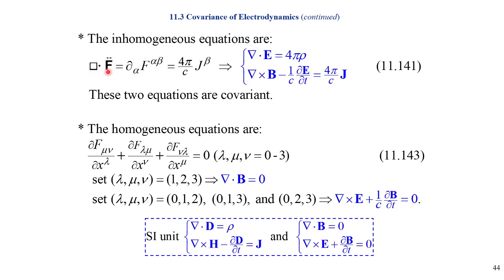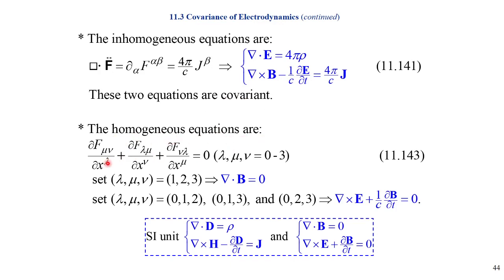And a 4 tensor of the first rank will always transform in the same form. They will follow the Lorentz transformations, so we will use the same transformation. Therefore, they are covariant. Okay, we still have the other two homogeneous equations.